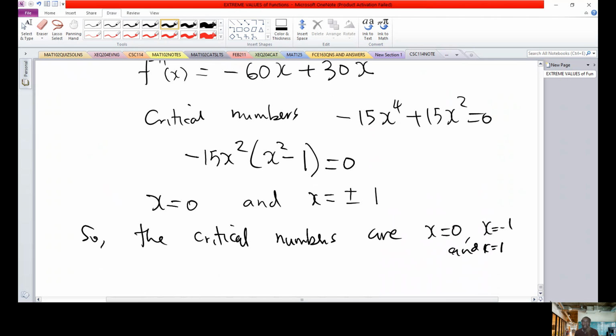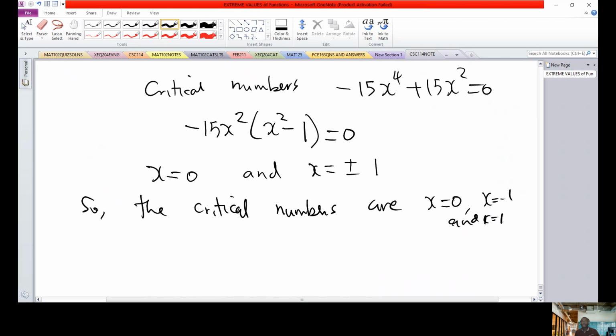Now we can test for the relative maximum or relative minimum by putting the critical points into the second derivative.